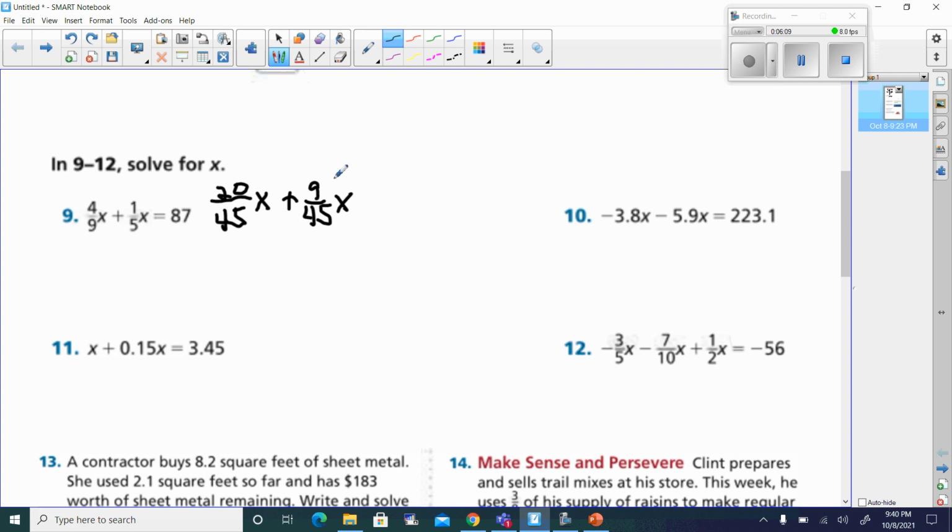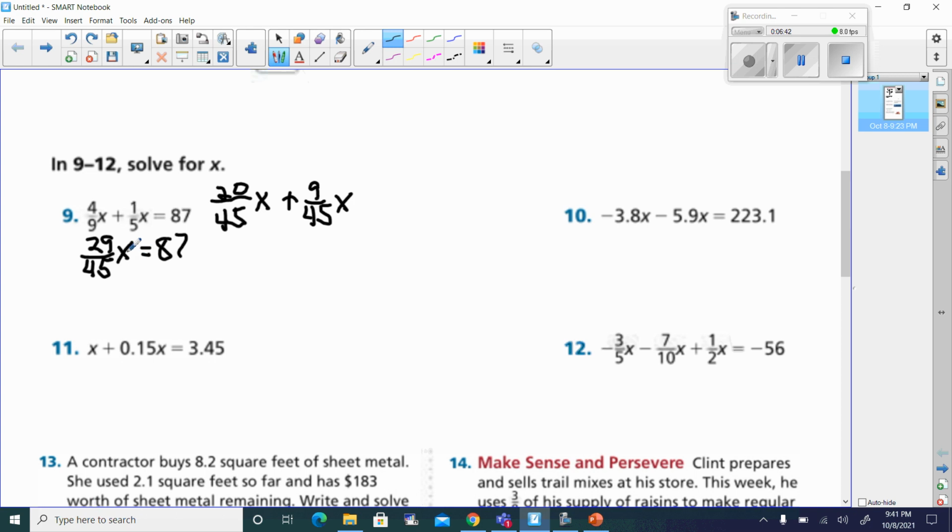That's 29. So now we're going to rewrite this to show we have 29 over 45x, and that has to equal 87.